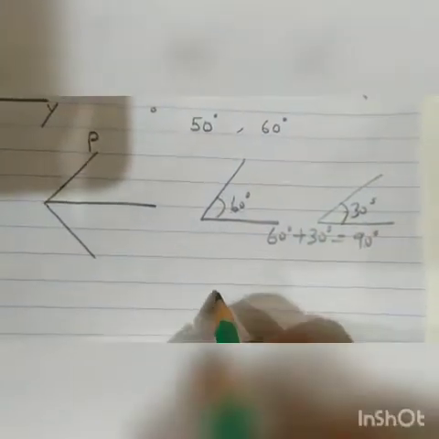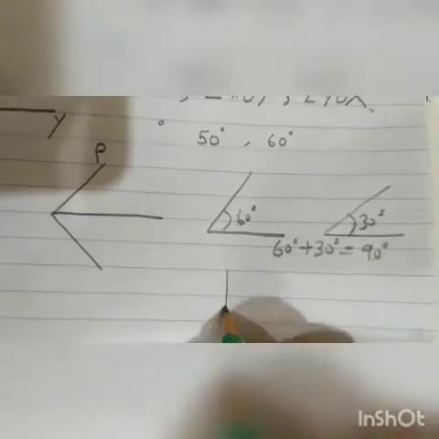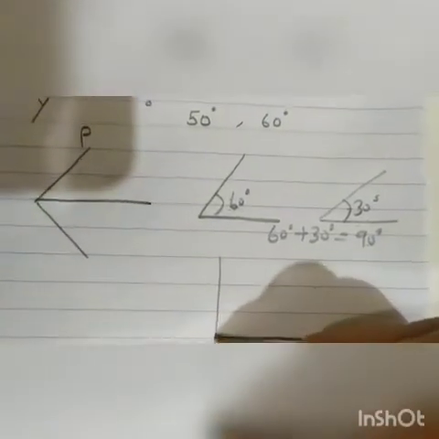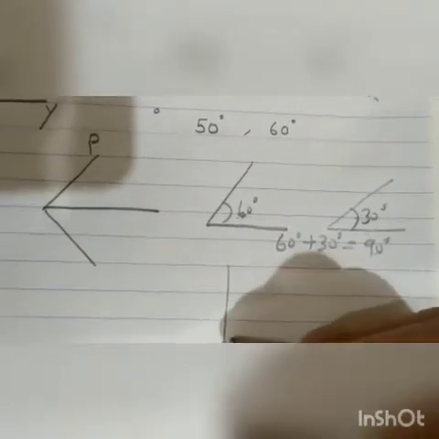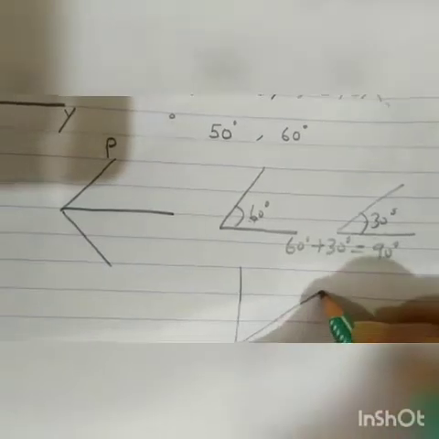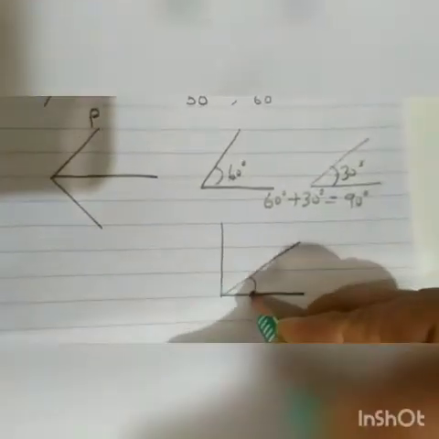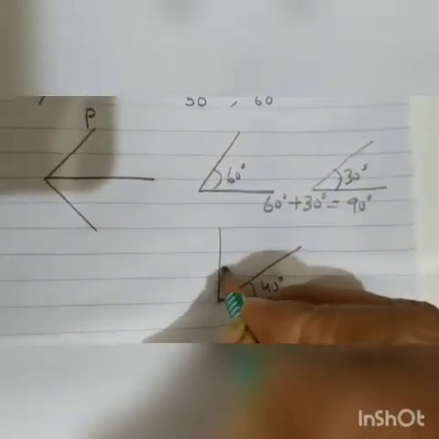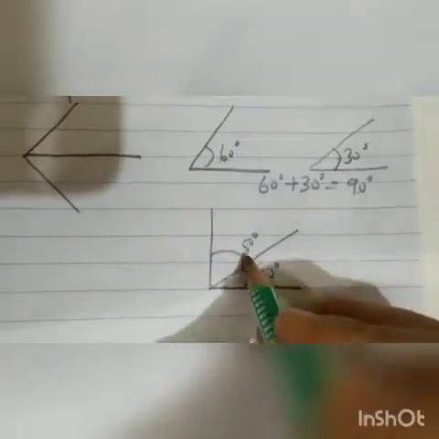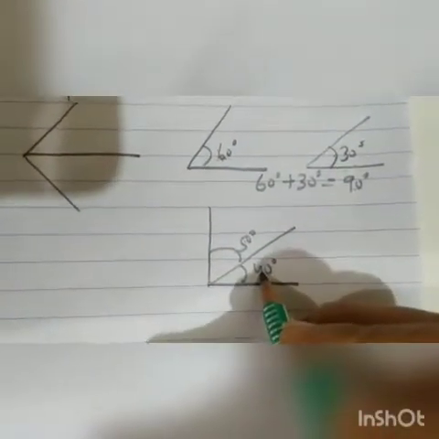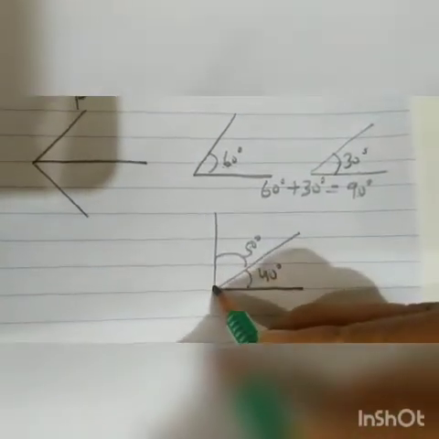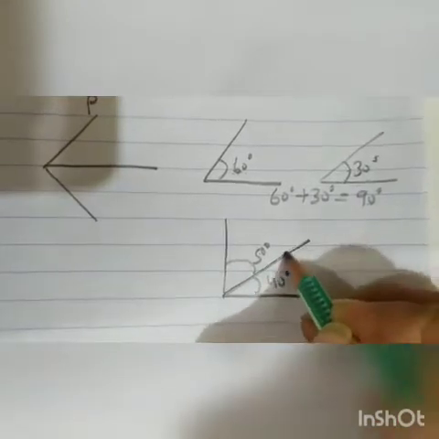But if we draw like this, see, this is a 40 degree angle and this is a 50 degree angle. The sum of these two angles is 90. They are complementary angles, but they are adjacent also. Why? This is a common arm.